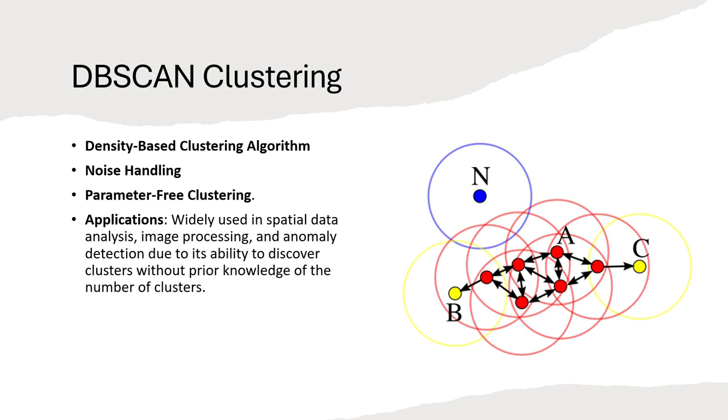This clustering is based on distance and density, so there is no need to specify the number of clusters beforehand. It is widely used in data analysis, image processing, and anomaly detection due to its ability to find clusters without prior knowledge of the number of clusters.